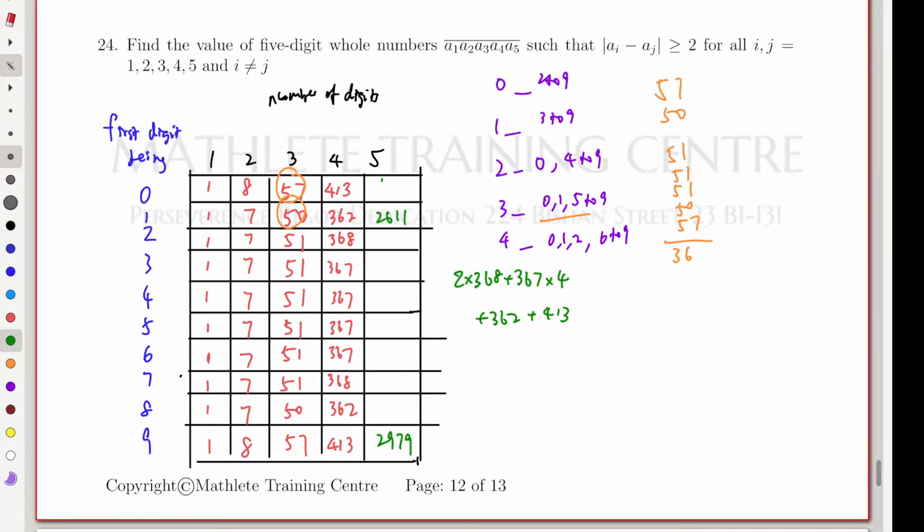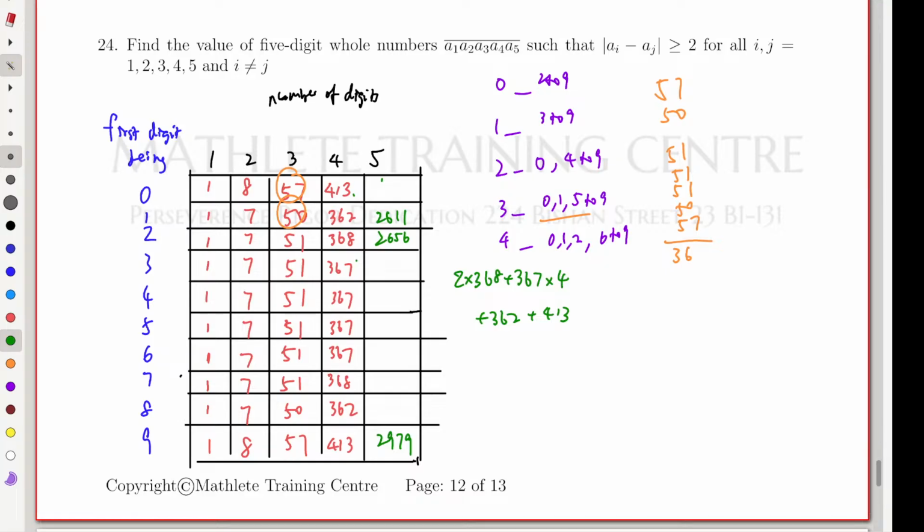And then for the case of 2, you're adding back the case for 0 and removing the case for 3. So you're adding back 413 by removing 368. That's 2656. And then for the next number, 3, you add the one at 1 and remove the one at 4.